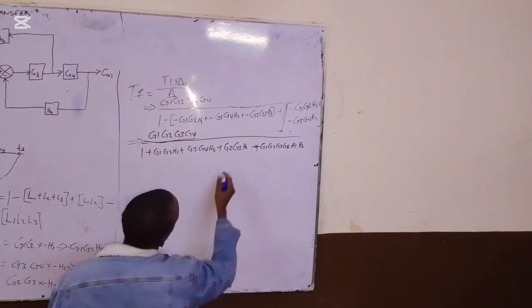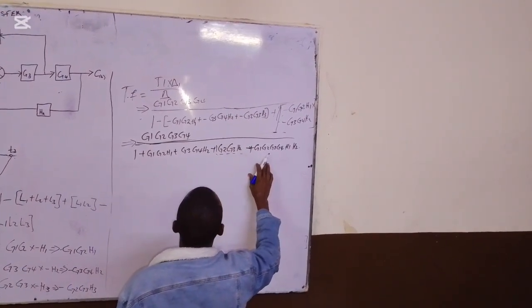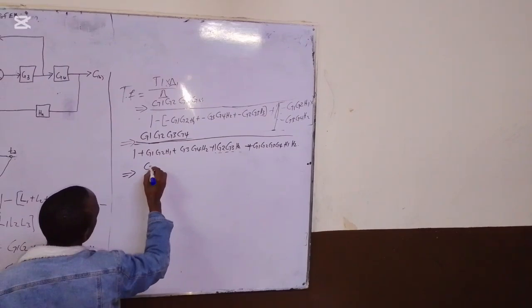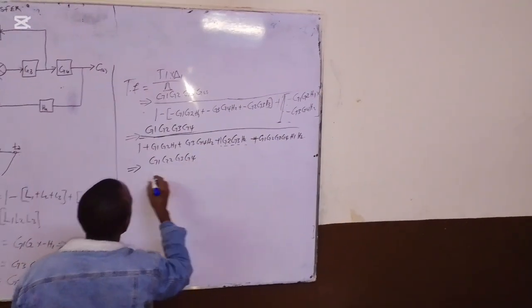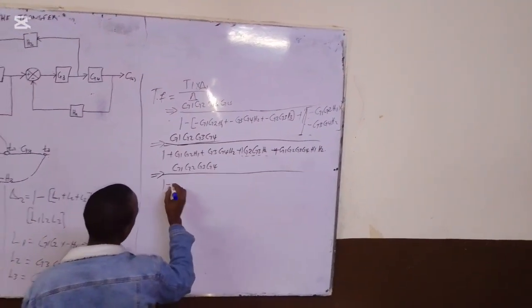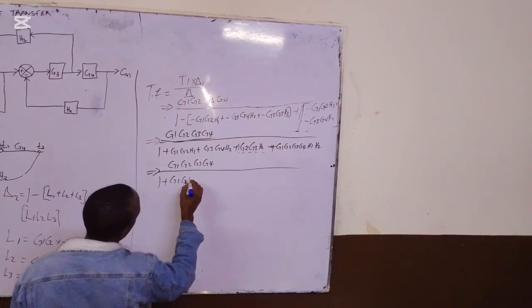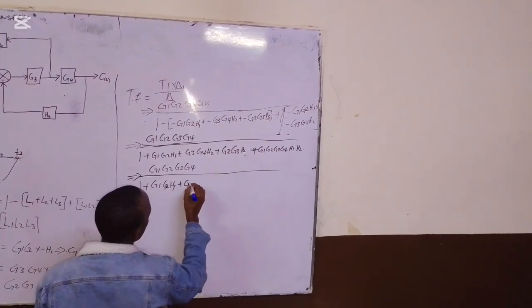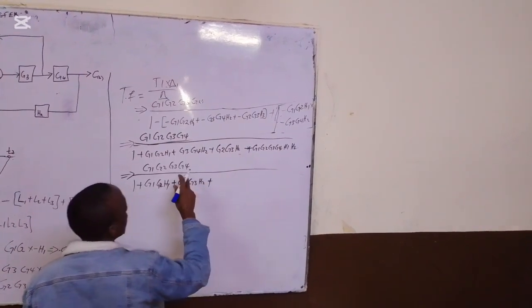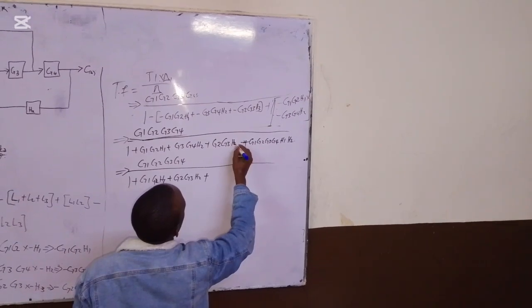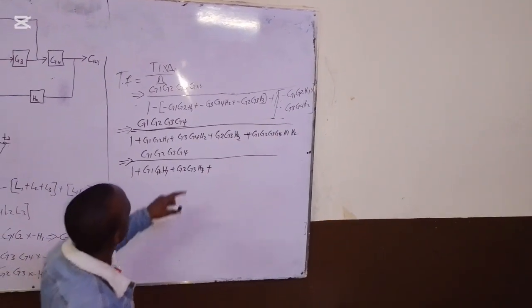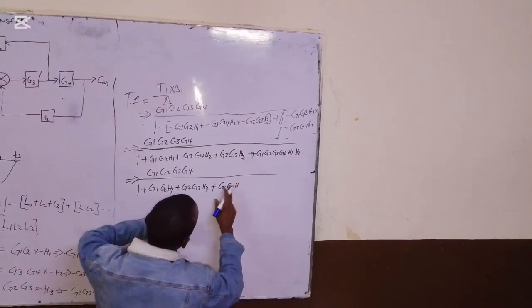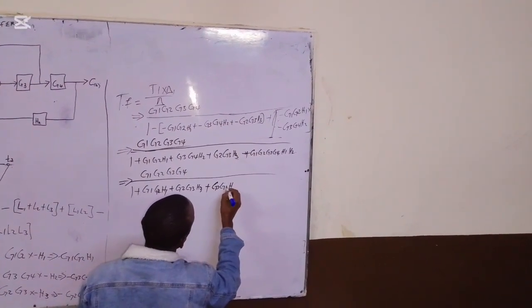Now, if we factor out the common factor, we'll have G1 G2 G3 G4 divided by 1 plus G1 G2 H1 plus G2 G3 H3, not H2, H3, plus G3 G4 H2.